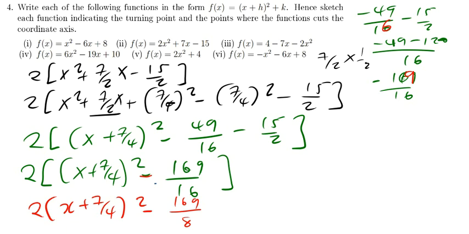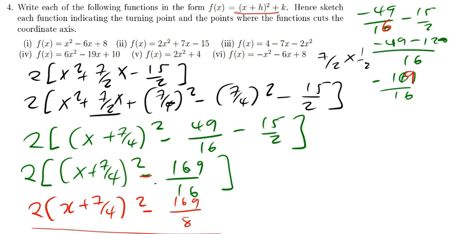So 120 plus 49 is now 169, which is here. I've already distributed 2. So now I've expressed that in this form. For the first part, I'm done.